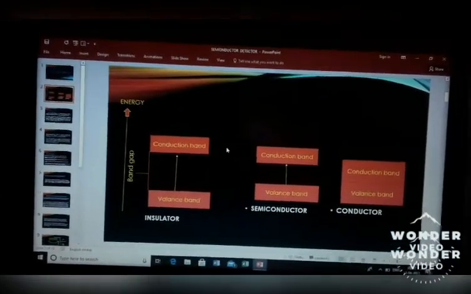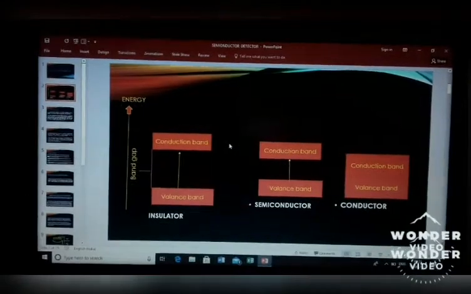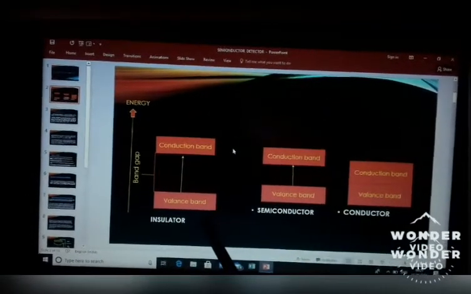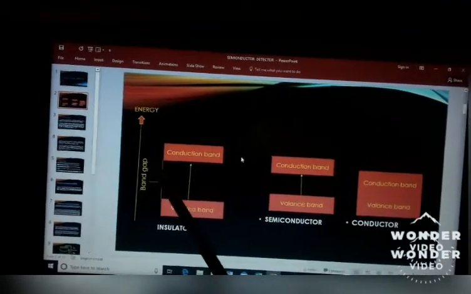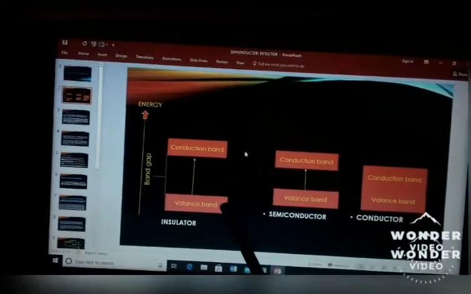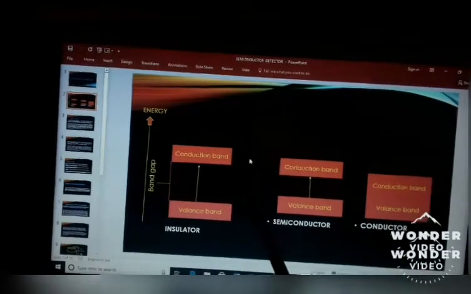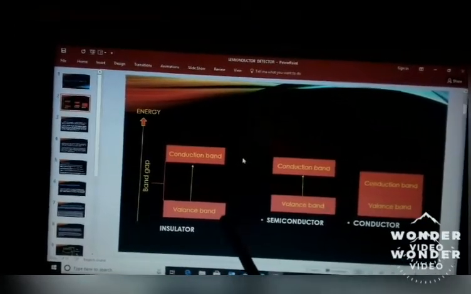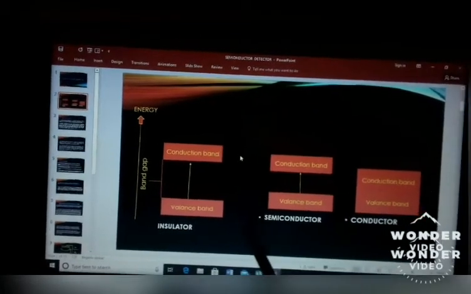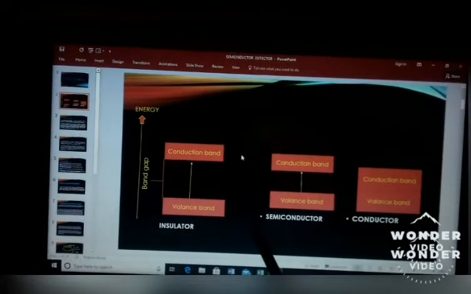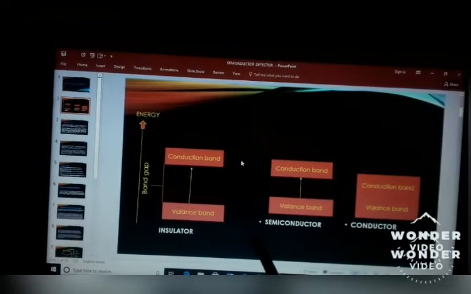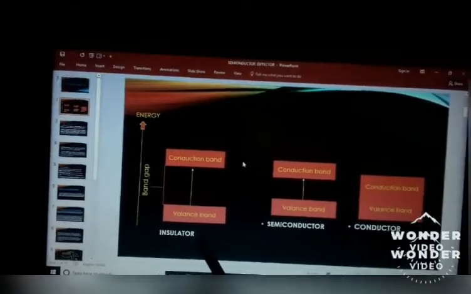So, in the energy band gap of an insulator, the band gap between the valence band and conduction band is very large. So, electrons cannot jump easily from the valence band to the conduction band, so it does not conduct electricity. Such materials are known as insulators.